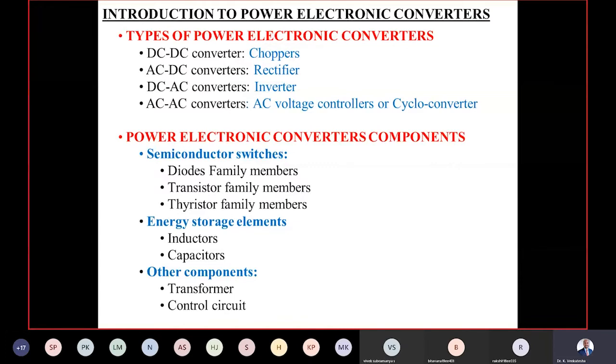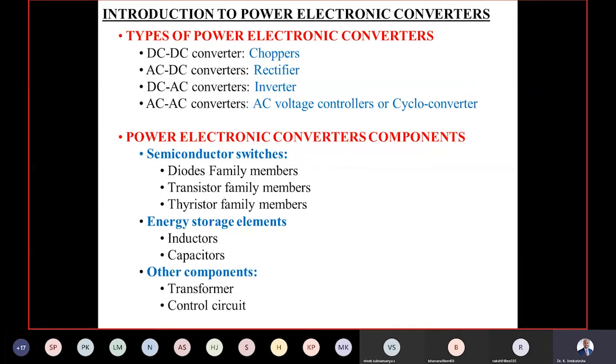The next advancement is thyristor family members. Thyristor is very vast. It can handle more power, more voltage, more current. It can be used in HVDC, HVAC systems, high voltage DC, 400 kV systems and all. Thyristor is basically a 4 layer, 3 junction device. Every time if you observe, 1 layer is adding up, 1 junction is adding up. Which are the thyristor family members?